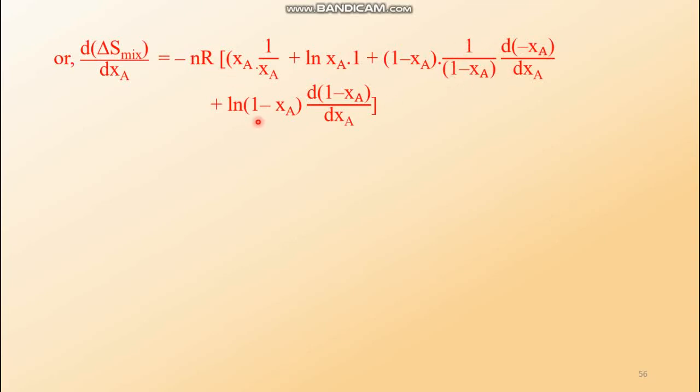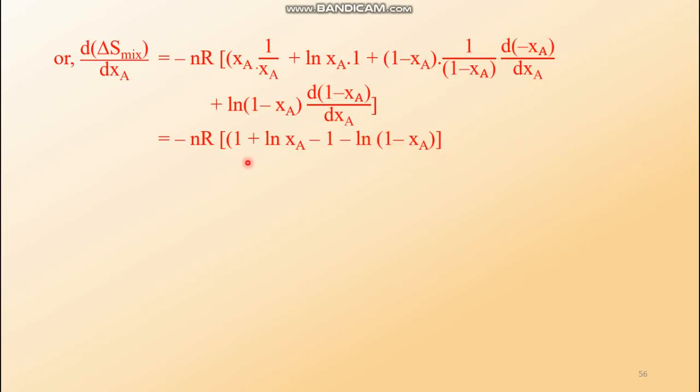And here, differentiation of 1 minus XA with respect to XA, ln 1 minus XA is constant. So what is the result? These two make 1, this is cancelling this one, so this is actually 1. Here plus ln XA. Here this is cancelling this one and this is producing minus 1, so this is minus 1. And finally here this is producing minus 1, so this is becoming negative ln 1 minus XA.